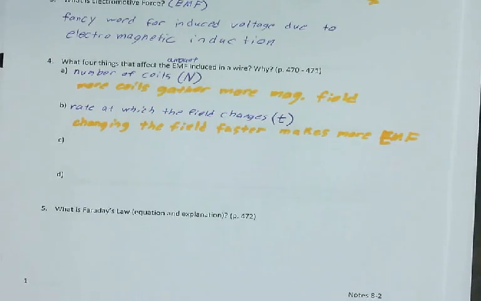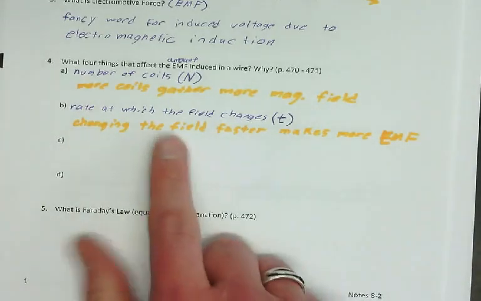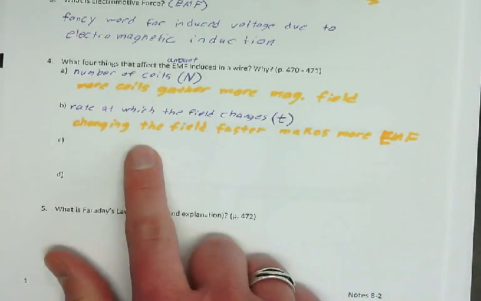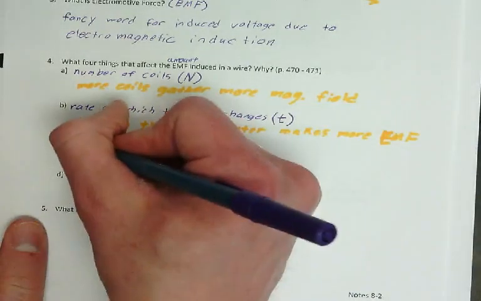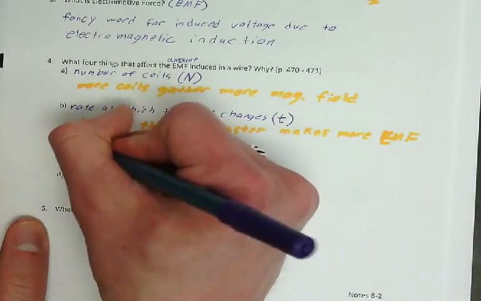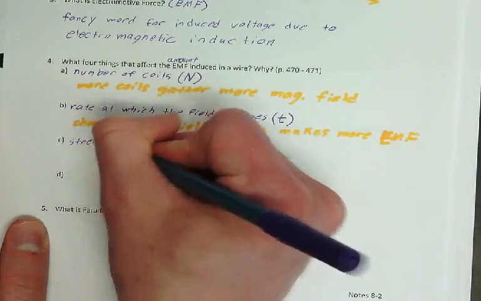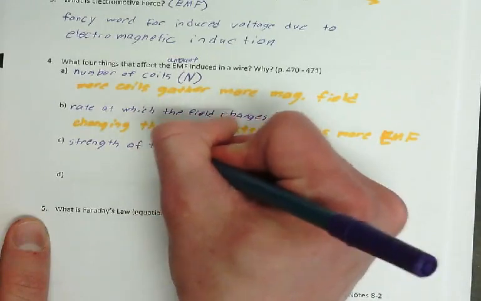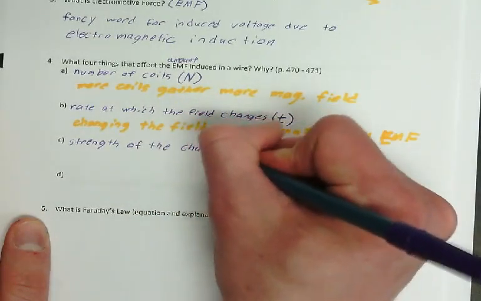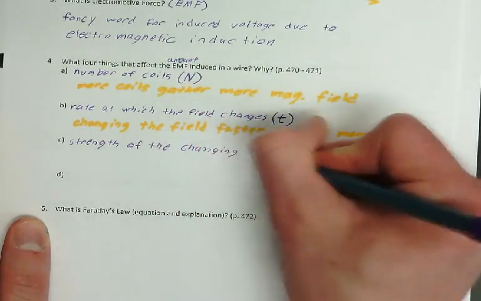So the third thing is going to be the strength of the changing field. Forgot we hadn't done that one yet.